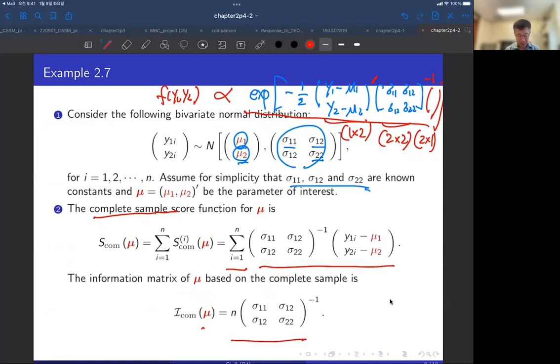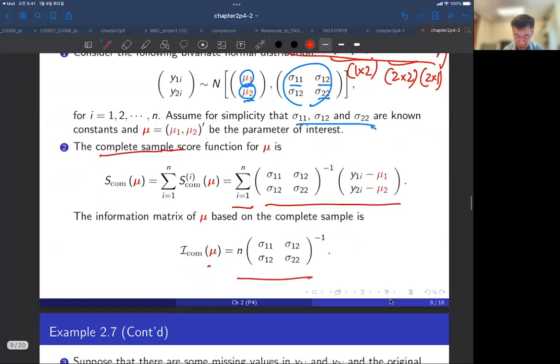So the information matrix for mu based on the complete sample is just this one, which makes sense, right? If you take the inverse, you get the variance.